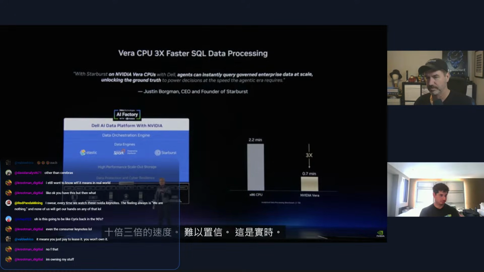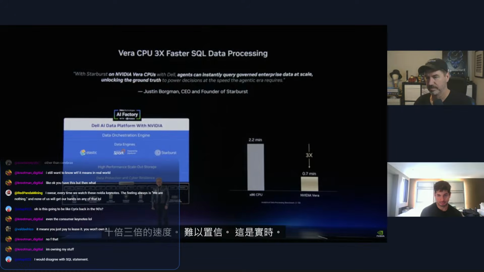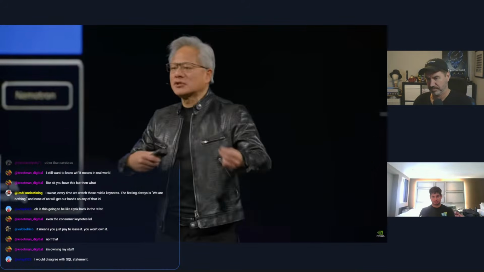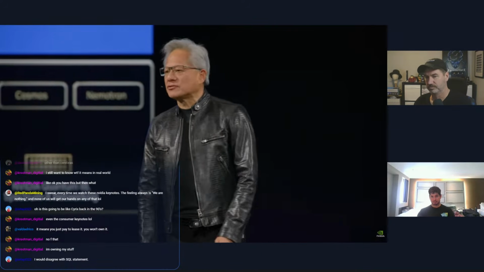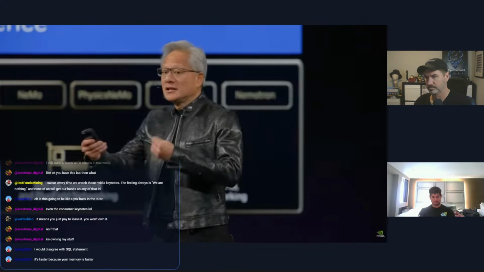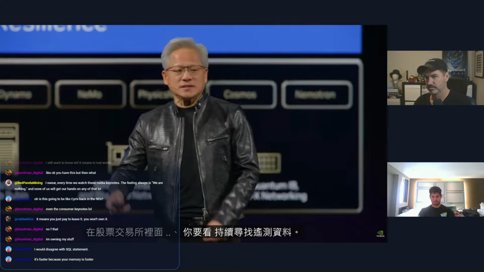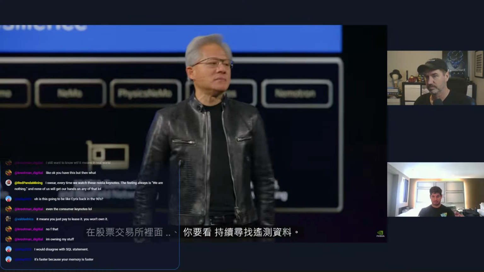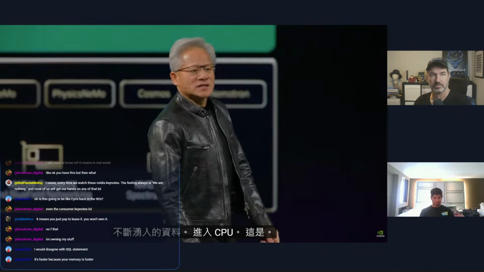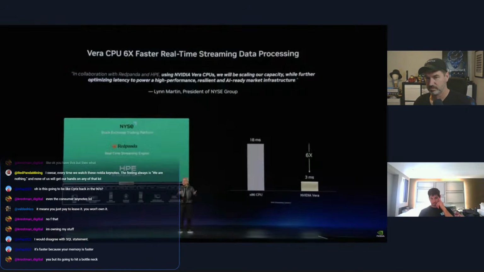This is real-time. The next one is real-time stream processing. Remember, your AI is going to be not just reading documents. Your AI is going to be watching for telemetry, especially inside a factory, inside a stock exchange. You're going to be looking for telemetry continuously. The burst of data that's coming in goes into a CPU. This is Vera CPU running real-time stream processing for New York Stock Exchange.